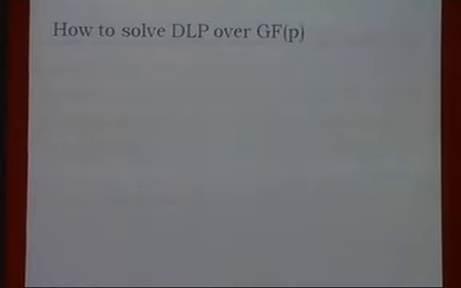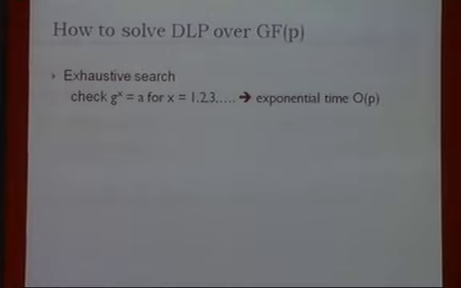Then how can we solve such a problem? The simplest, most straightforward algorithm is an exhaustive search. Namely, for x equal to 1, 2, 3, and so on, we check whether G to the X equals A or not. Just we compute G to the 1, then we check whether it is equal to A or not.